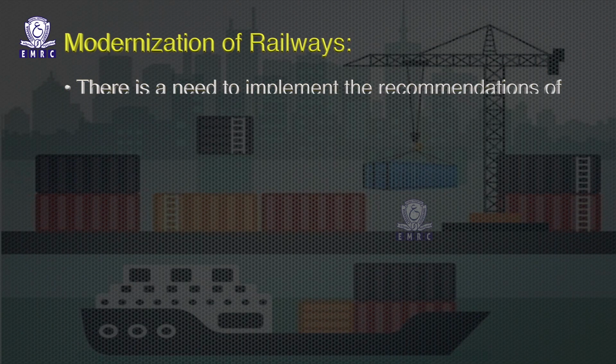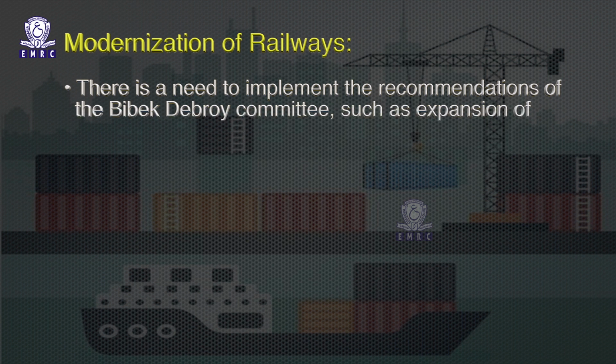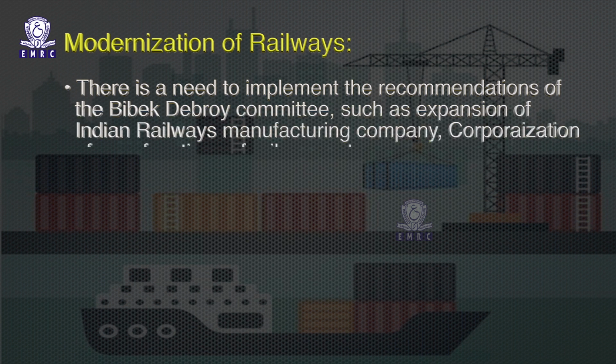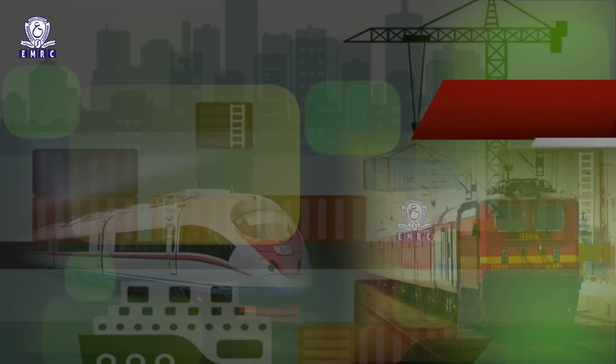In this pursuit, there is a need to expedite the process of establishing the Rail Development Authority, as it is already approved by the government. The third is modernization of railways. There is a need to implement the recommendations of the Vivek Debroy Committee, such as expansion of the Indian Railways manufacturing companies, corporatization of core functions of railways, etc.